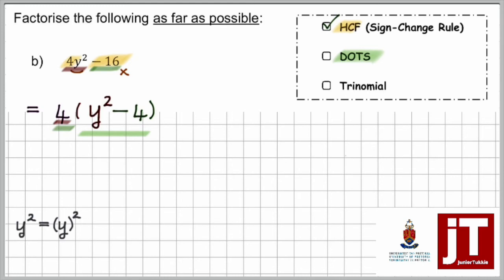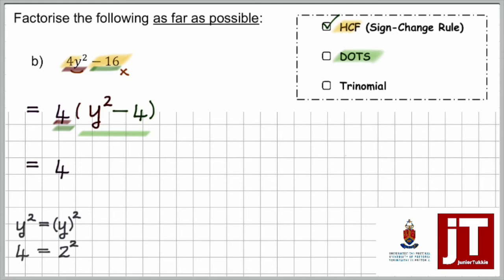So y squared is a perfect square. The second term is 4, and 4 we can obtain by saying 2 squared. So 4 is also a perfect square. We therefore have a difference of two squares, and we can factorize that expression in the brackets using the method we've learned about the difference of two squares.